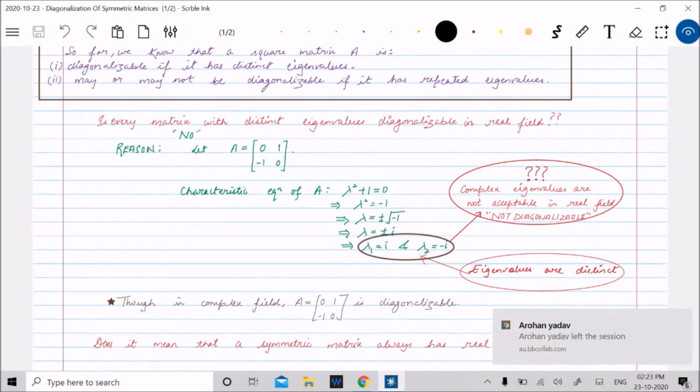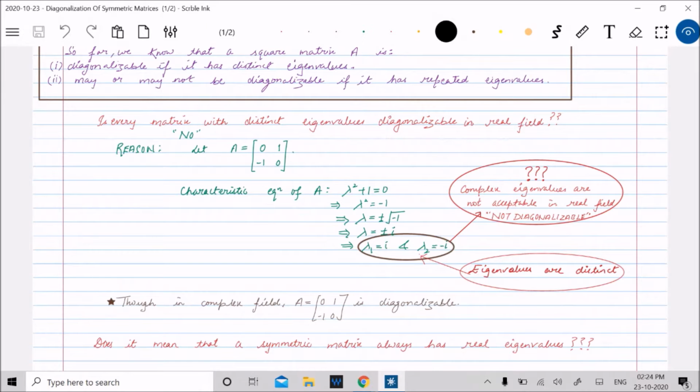So at this point, you are going to disregard these complex numbers. We are saying, what are these rubbish numbers? We are not going to accept them. They are not allowed to enter our real mathematics world. So this matrix is not diagonalizable, because it does not have any real eigenvalue. So we cannot find real eigenvectors, and that's why this matrix cannot be diagonalizable.